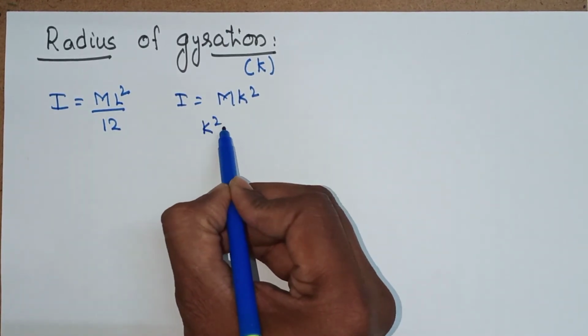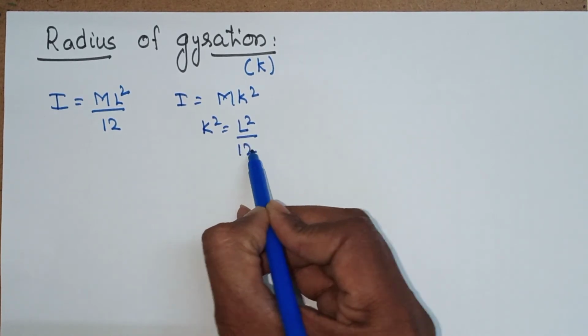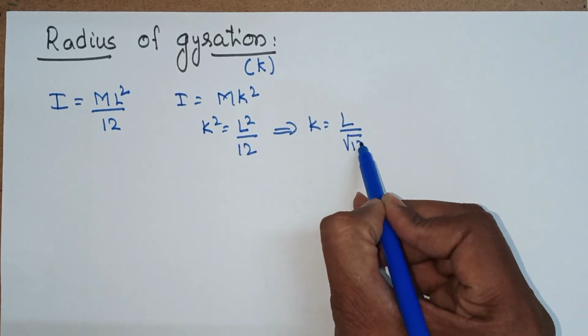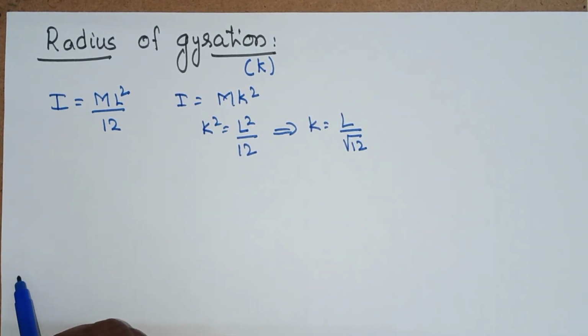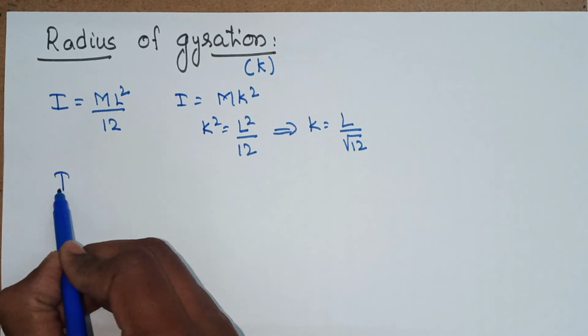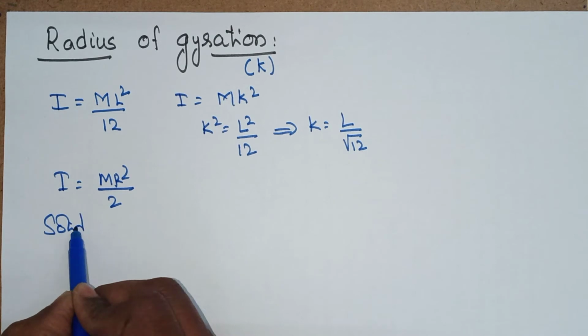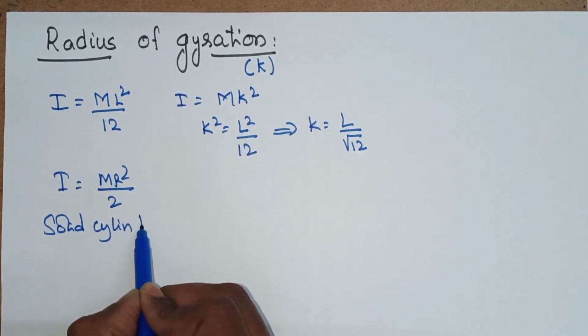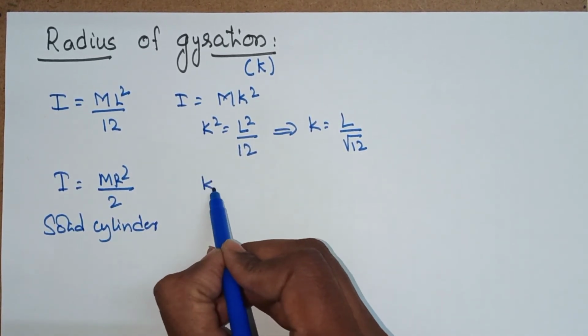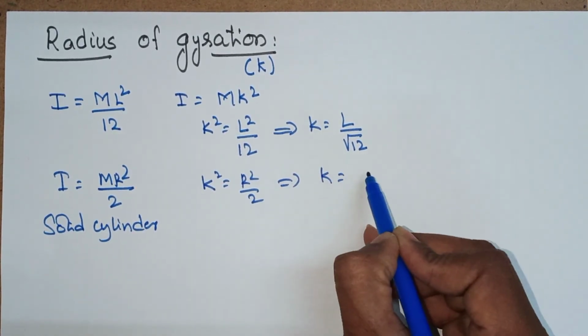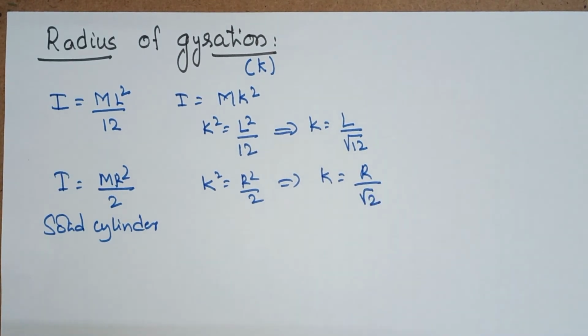K square is equal to L square by 12, then k is equal to L by root 12. For a solid cylinder, I is equal to mr square by 2, so k square is equal to r square by 2, and k is r by root 2.